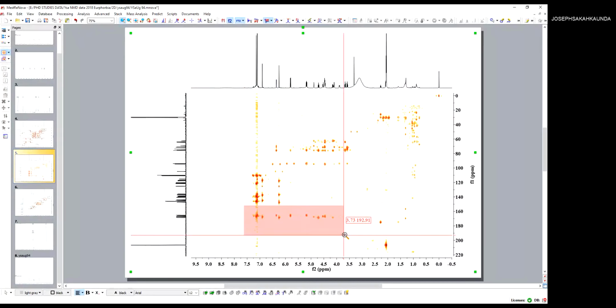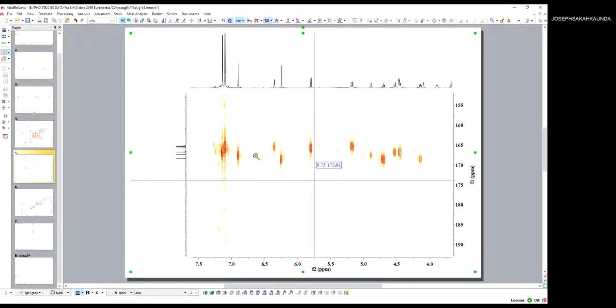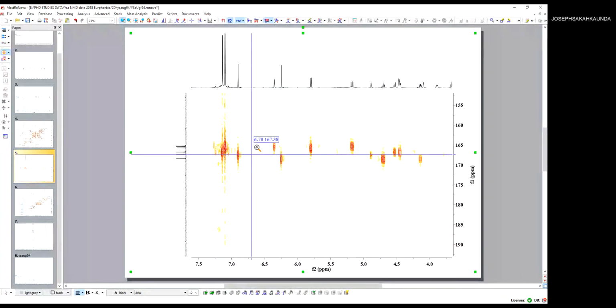And I found this 165. It was 165. Nice. 7 to be exact. We have this proton 7.09. Already we got this one. This proton, what could it be?